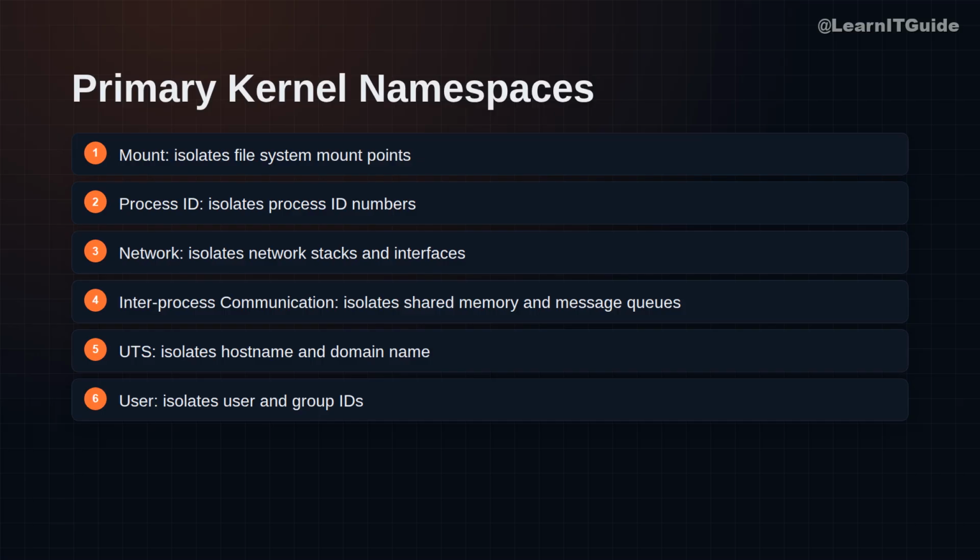Fourth, the interprocess communication namespace handles isolation for shared memory and message queues. Fifth, the UTS namespace isolates the host name and domain name, so containers can have their own names. Finally, the user namespace isolates user and group IDs, which allows a process to have root privileges inside a container but be a regular user on the host. Take a moment to review each point shown on screen.